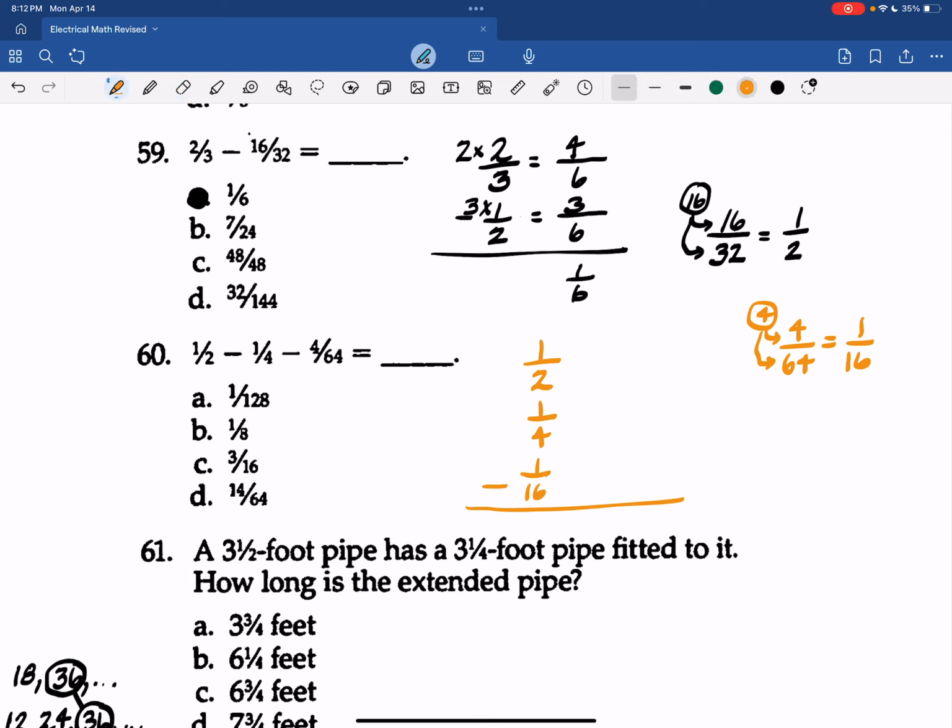And that will let me use 16 as my common denominator instead of 64, which you could use if you want to do that. So this one won't change. 4 into 16 goes 4 times. 2 into 16 goes 8 times. So we're left with 8 minus 4 minus 1. And that's going to be 3. So you're ultimately left with 3 over 16. So I like C for that one.